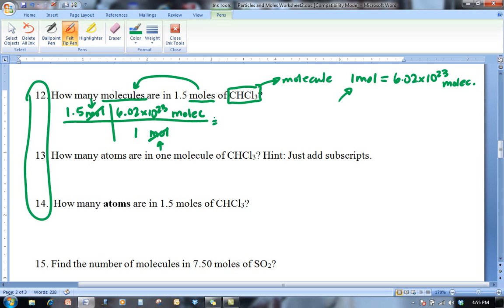And when I multiply my numbers across, I have 1.5 times 6.02 times 10 to the 23rd. I get an answer of 9.03 times 10 to the 23rd molecules of CHCl3.